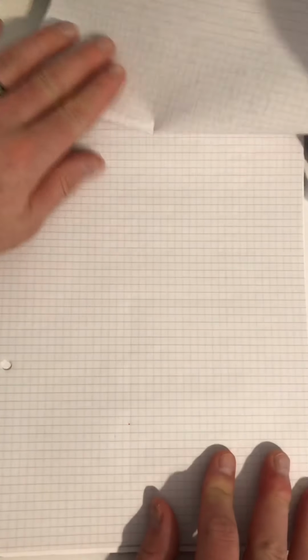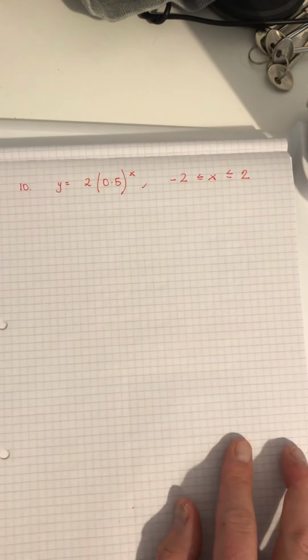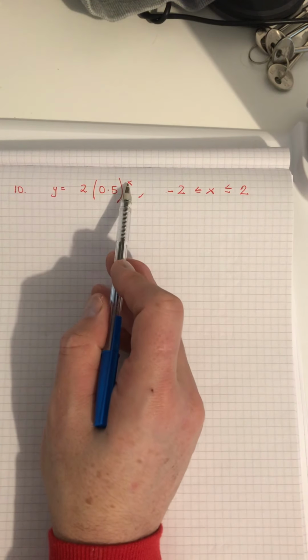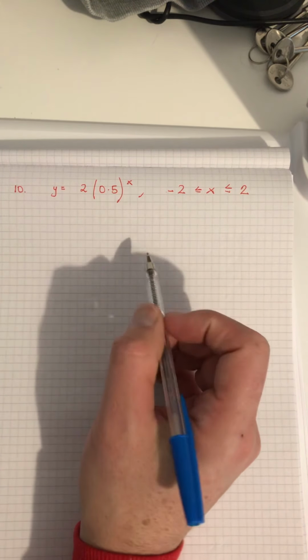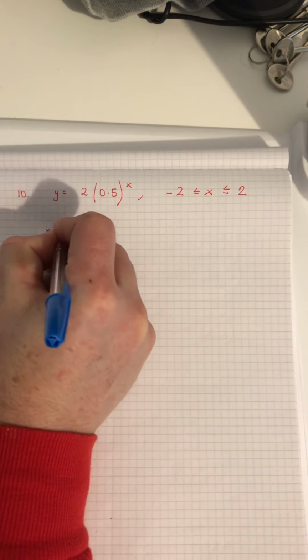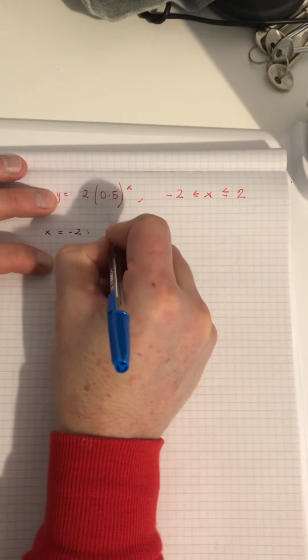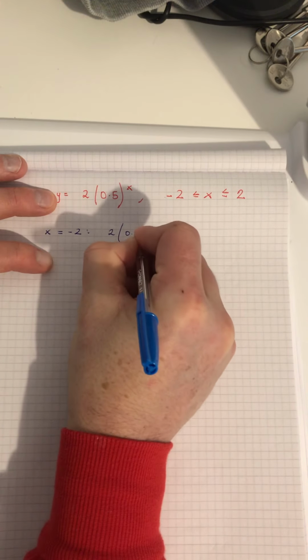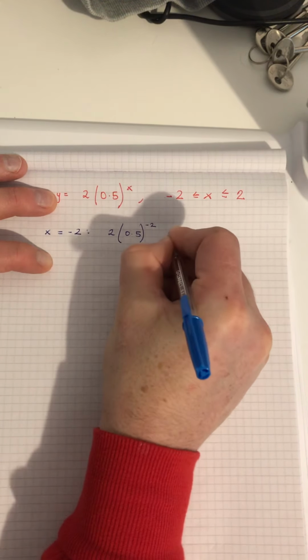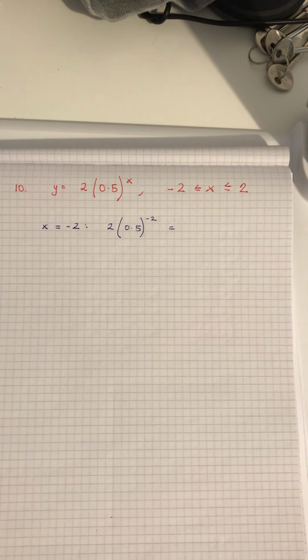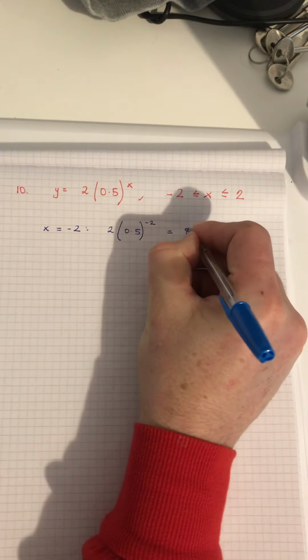Now for question 10, we have y equal to 2 brackets 0.5 to the power of x between -2 and 2. So again, use your calculator. So when x is -2, we get 2 times 0.5 to the power of -2. So on your calculator, 2 in brackets 0.5 to the power of -2, and we get 8.